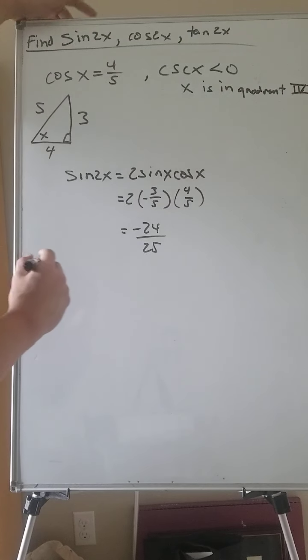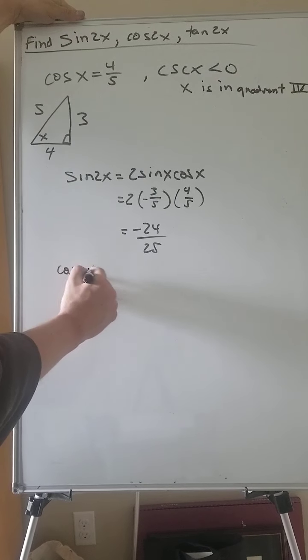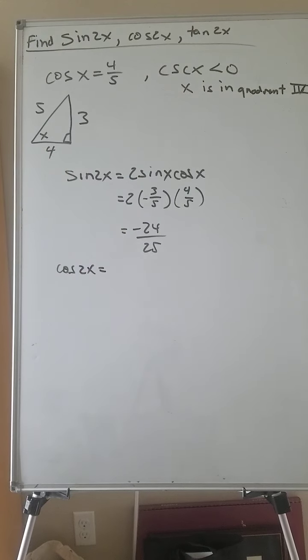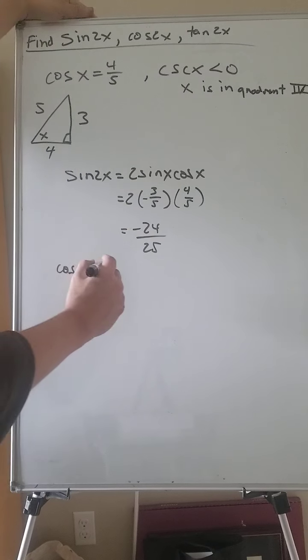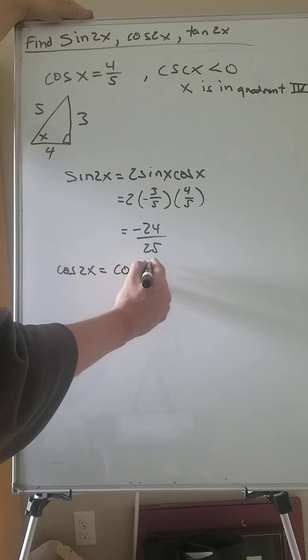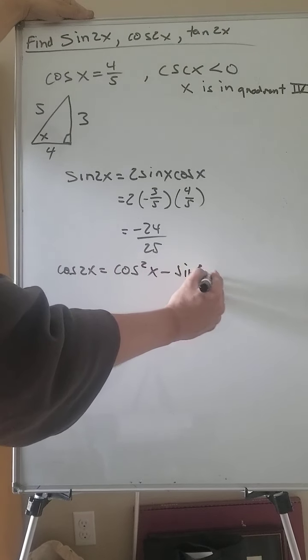Now I'll find cosine of 2x. Again, for cosine of 2x, I have 3 versions. On problems like this, it doesn't matter which version I use, so I usually just use the first one, which is cosine squared x minus sine squared x.